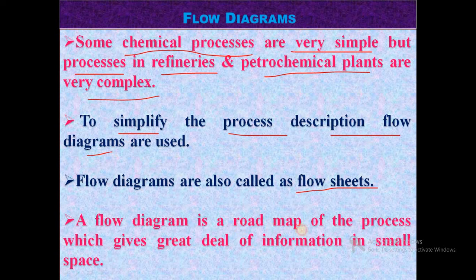A flow diagram is a roadmap of the process which gives a great deal of information in small space. By using a flow diagram we can understand the industrial process or the industrial production of that specific material.